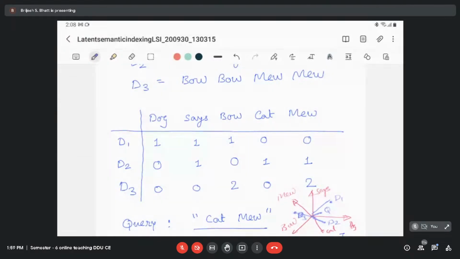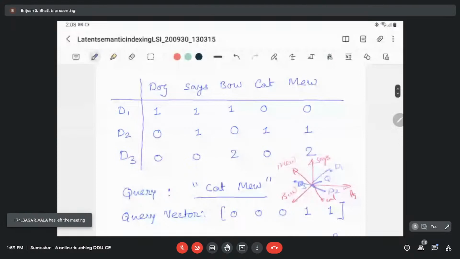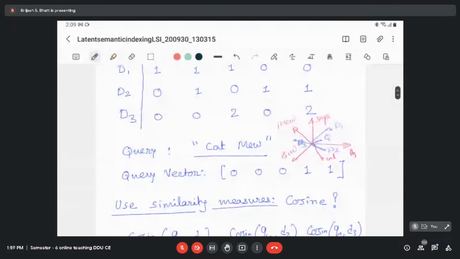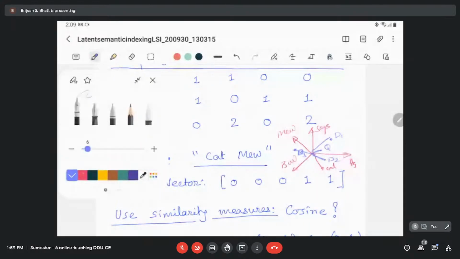Again, a very popular method which you have learned in mathematics. So make a query vector like this, 0, 0, 1, 1, and find a point for the query also. And then, again, a very popular measure which is called cosine similarity. I'm sure you all have heard about this, haven't you?